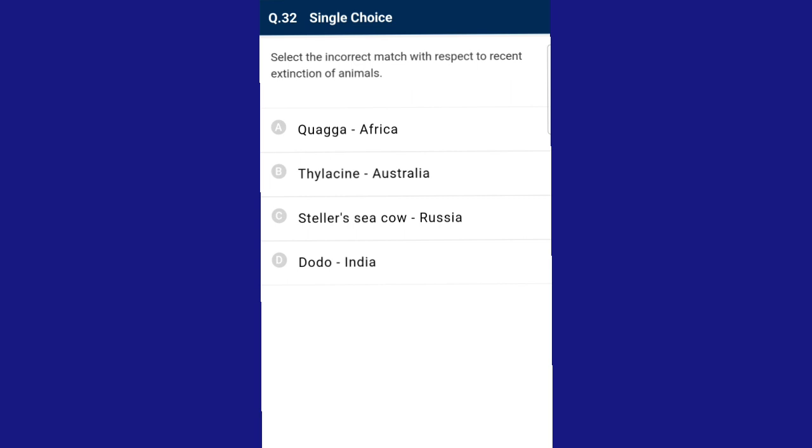In the last 500 years, some examples of recent extinctions include dodo from Mauritius, quagga from Africa, thylacine from Australia, Steller's sea cow from Russia, and 3 subspecies, Bali, Javan, and Caspian, of tigers. So the answer is option D, dodo from India. That is the incorrect match.